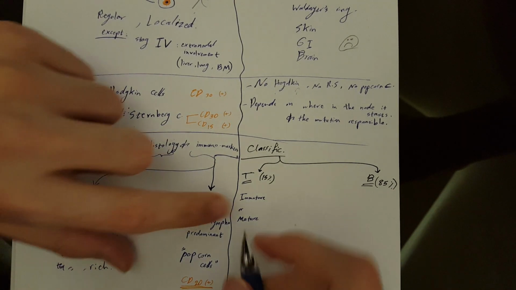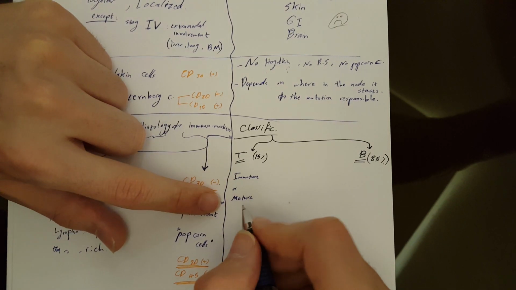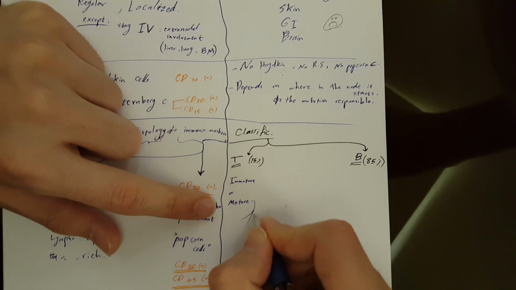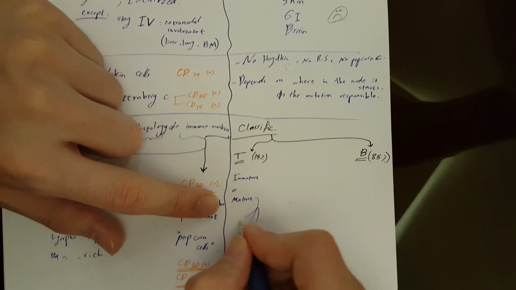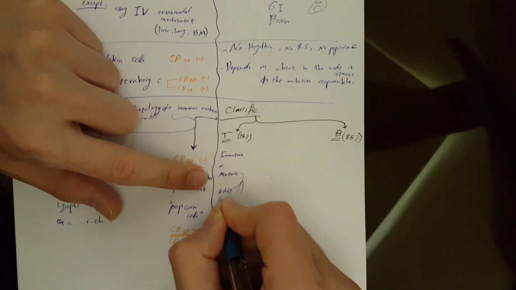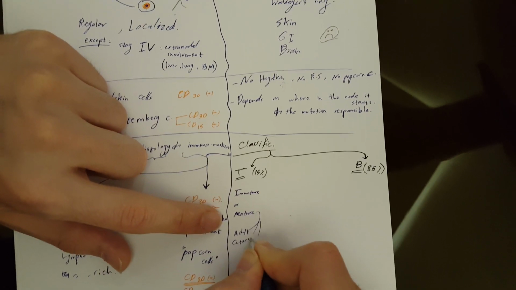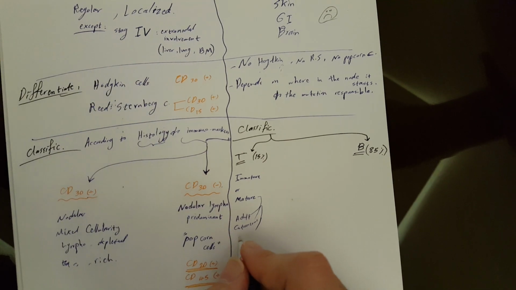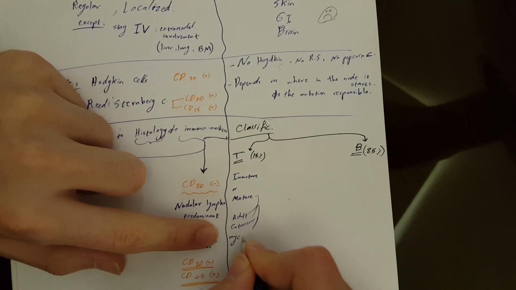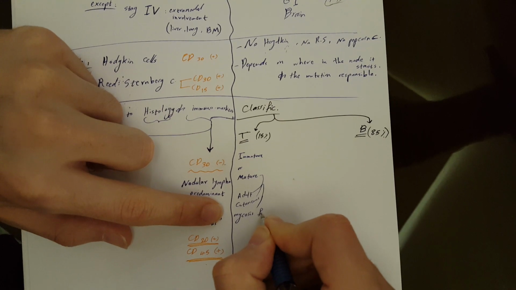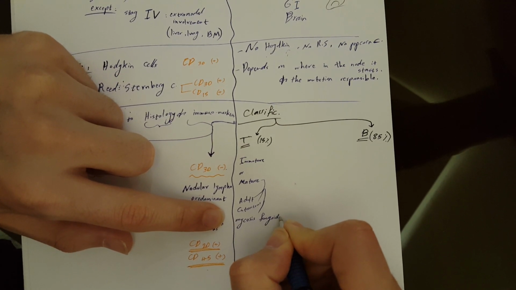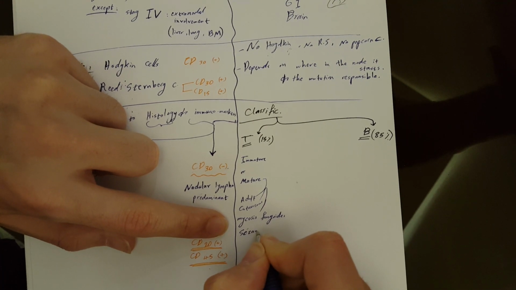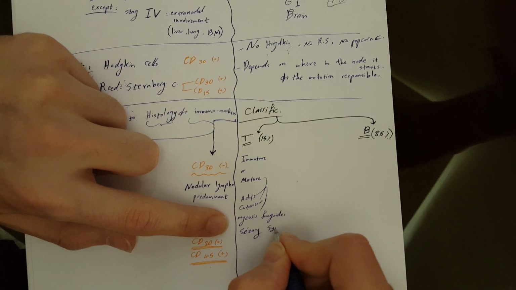It depends, for example, you know where T cells mature, it's in the thymus, right? So you can have many types depending on where it happens. You can have adult type, you can have cutaneous type, you can have a disease called mycosis fungoides, or this Sézary syndrome.